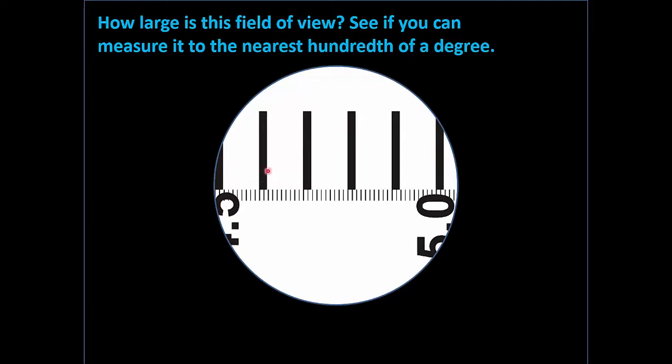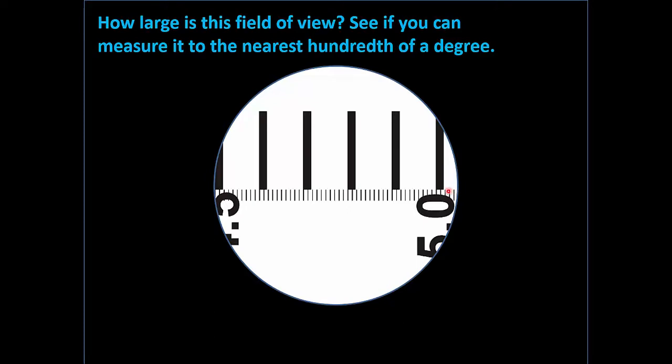So this would be 0.1, 0.2, 0.3, 0.4, 0.5, and now I'm going to count the fine divisions. So this left side of this bold line would be 0.50. This next line will give me 0.51, 0.52, 0.53, 0.54, and I'm almost to 0.55.